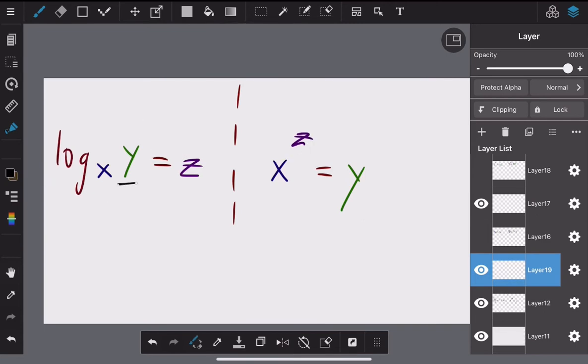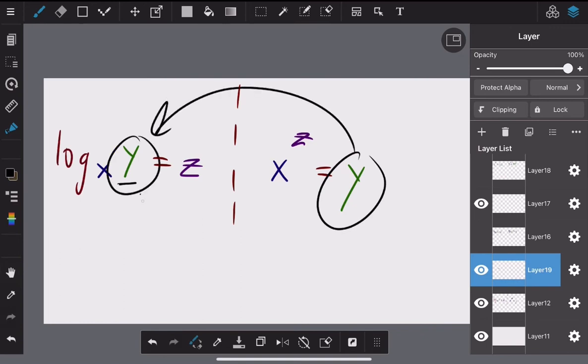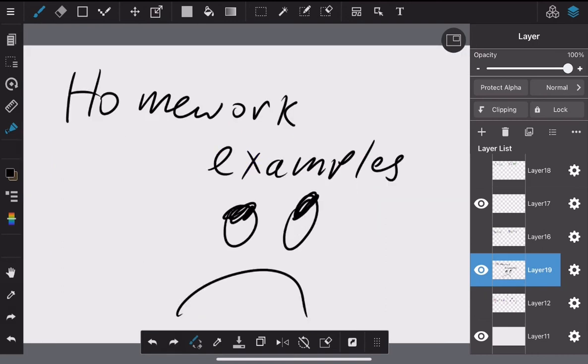As for this letter y, called the argument, you can remember that the argument in a logarithmic equation becomes the "equal to" in an exponential equation, or you can just go ahead and put this guy and this guy where they need to go and just plop the y in the leftover space, because that's the only place where it could go. Now, we're gonna look at some example problems that you'll probably find on your homework.